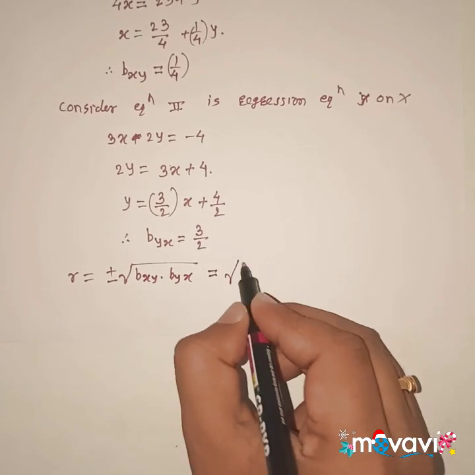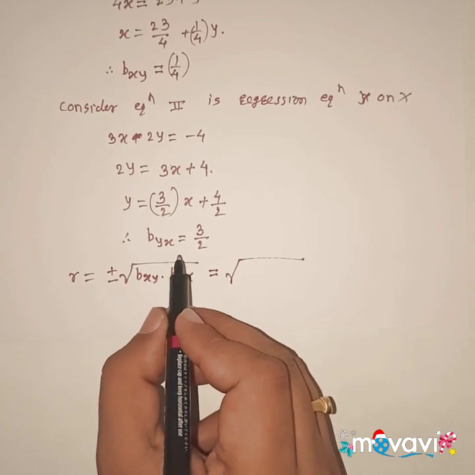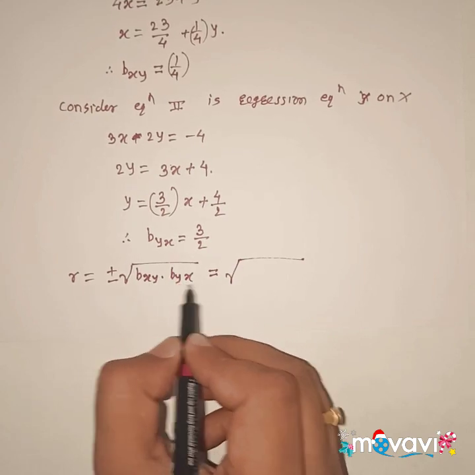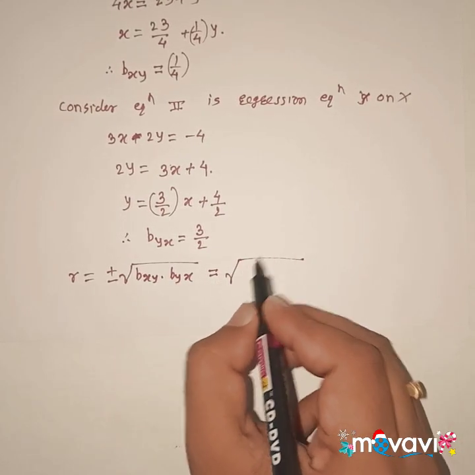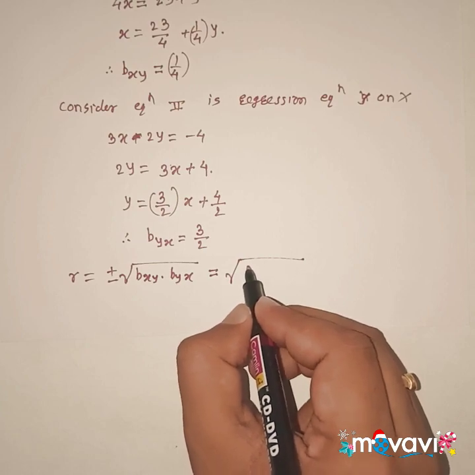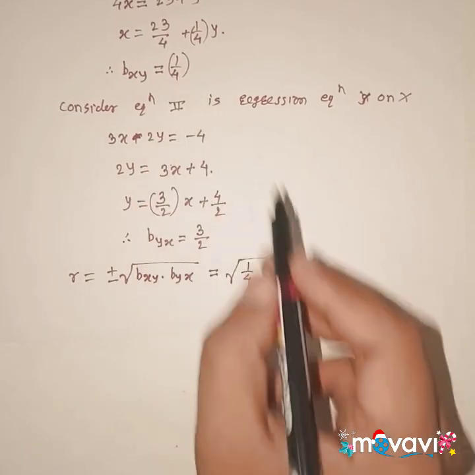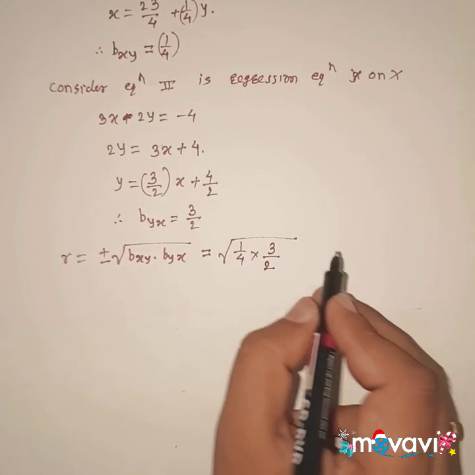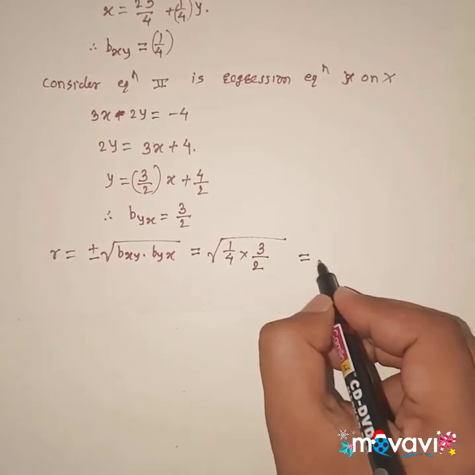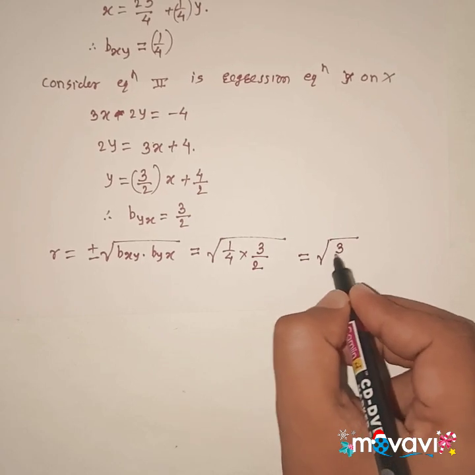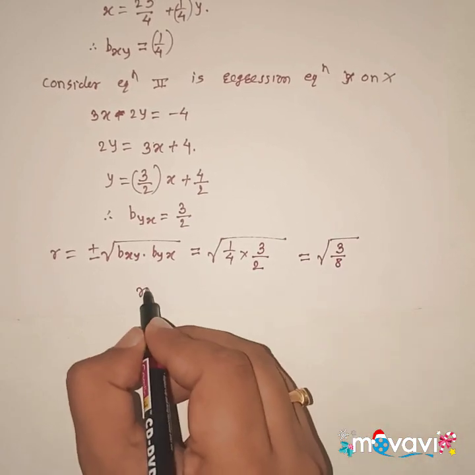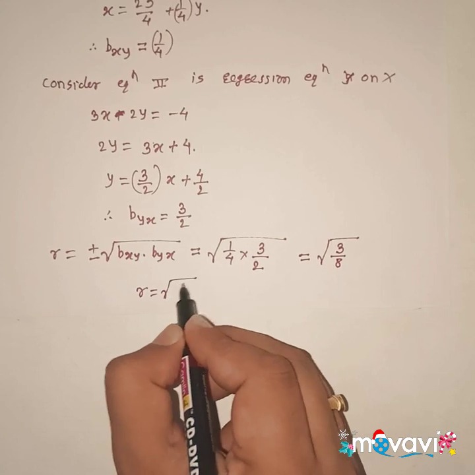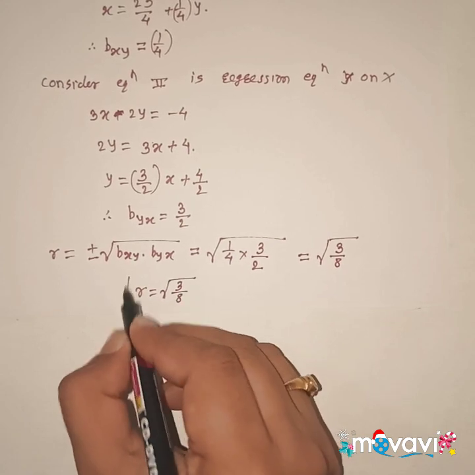Here both Bxy and Byx are positive, so our value of r is also positive, and Bxy is 1 upon 4 and Byx is 3 upon 2. So square root of 3 upon 8 is our value of r. So r is equal to square root of 3 upon 8. This is our final answer.